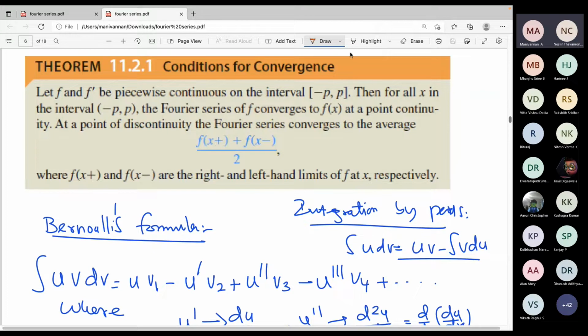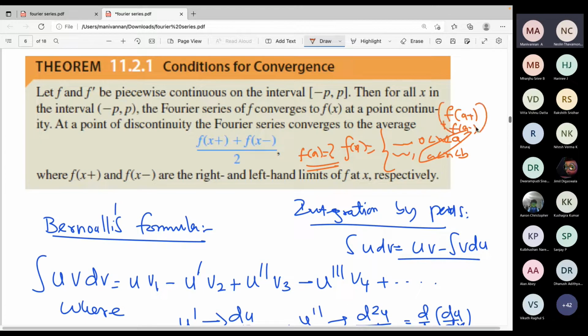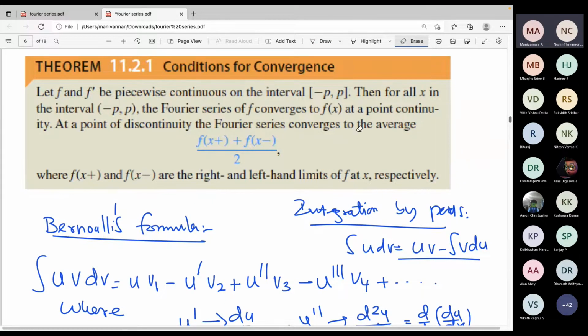Suppose f of x is defined for 0 less than x less than a and a less than x less than b, with a different function in each part. At this point a, the Fourier series gives the average of the right hand limit f of a plus and the left hand limit f of a minus. That is my convergence value. Is it clear?